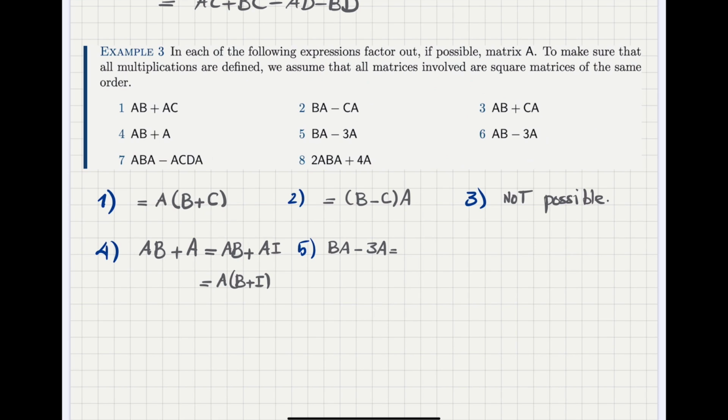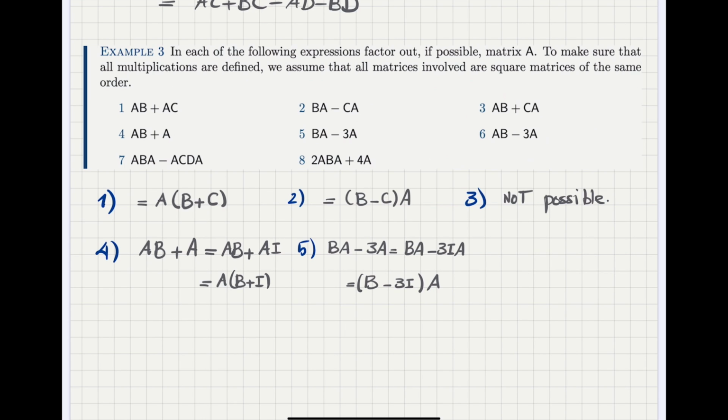So in which order do I first write it? I would write BA because now A is on the left. So instead of A, I write 3I times A. Now A is on the right, sorry, A is on the right, I was mistaken. So I write 3 times I times A. But now if I want to factor, I have to factor from the right. This is now the only way that you can do it. So appreciate these small differences.